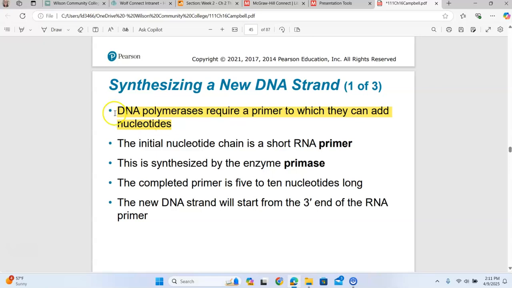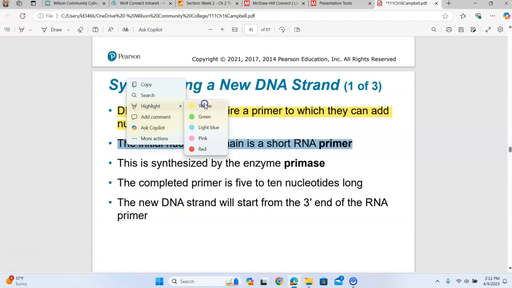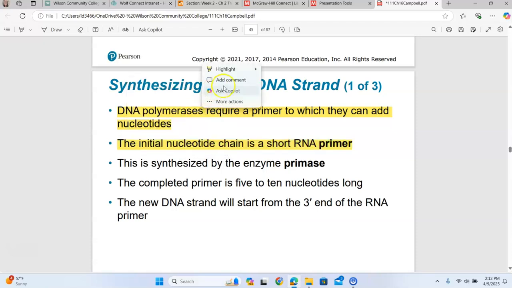So before DNA polymerase can come in and add new nucleotides to the old strand, the primer has to bind. Okay, so the initial nucleotide chain is a short RNA primer, which I just showed you. That is a very short sequence of RNA that binds to the DNA.